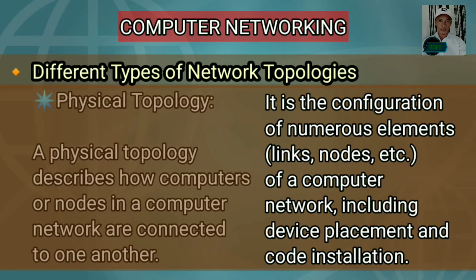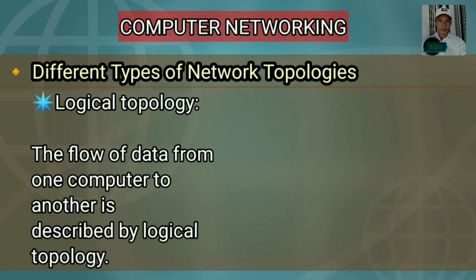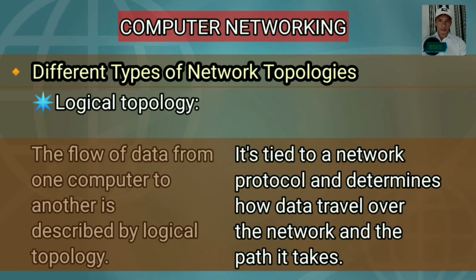It is the configuration of numerous elements, links, nodes, etc. of a computer network, including device placement and code installation. In a logical topology, the flow of data from one computer to another is described. It's tied to a network protocol and determines how data travels over the network and the path it takes.